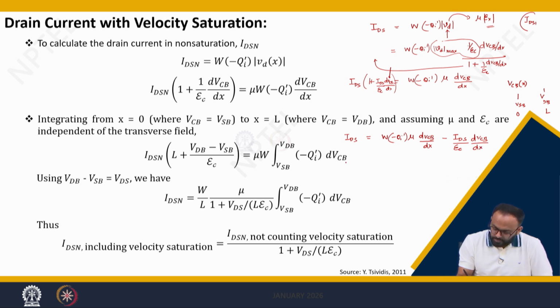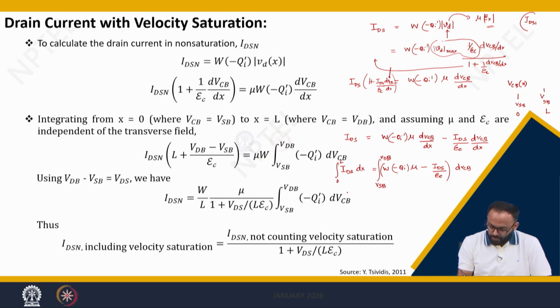So just put dx variable here and put the limit 0 to L, equals W into minus of Qi into mu minus IDS divided by Ec into dVCB with a proper limit as VSB to VDB.